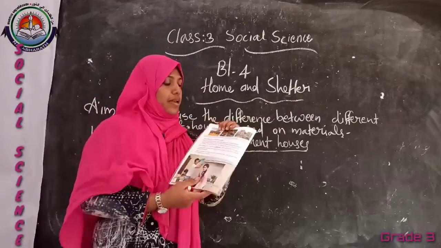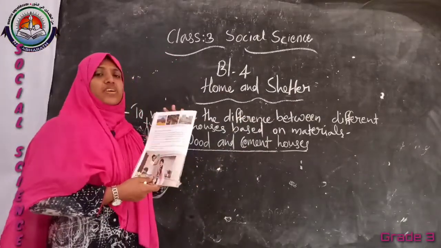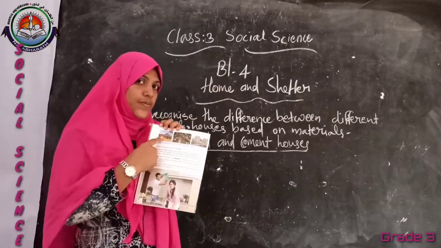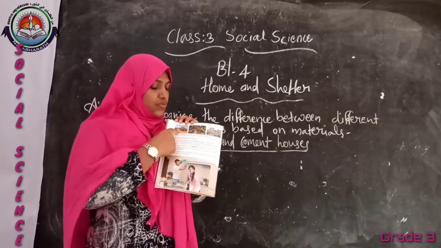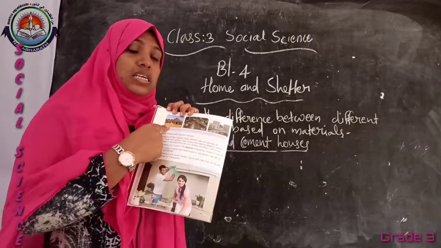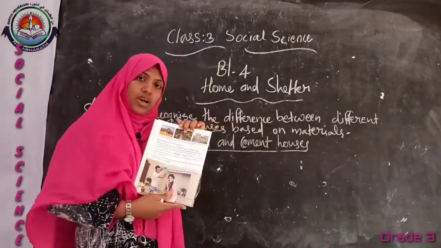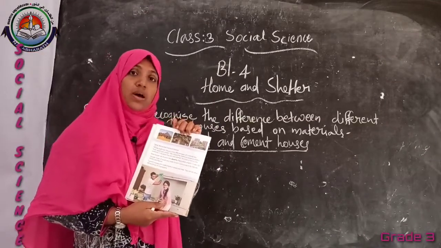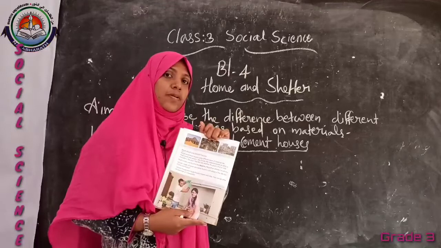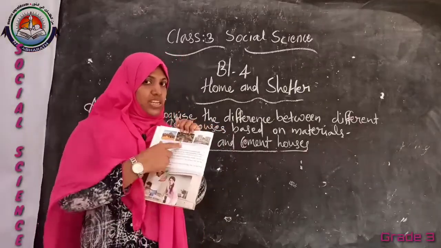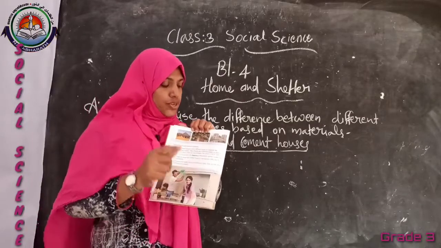Okay, what does the first picture show? What type of house is this? Mud house or hut. Then second one, what are the materials used to make this house? Second picture. Wood.